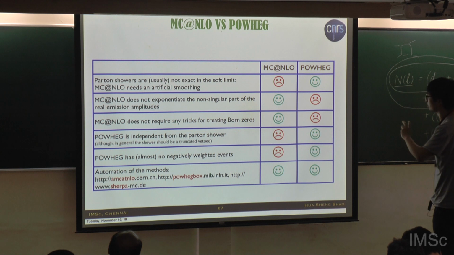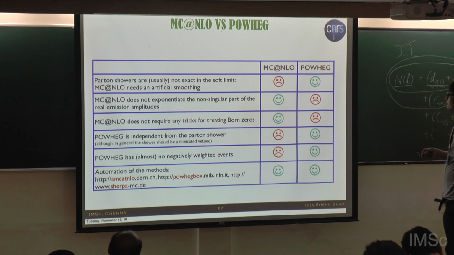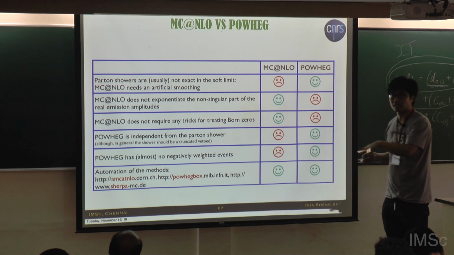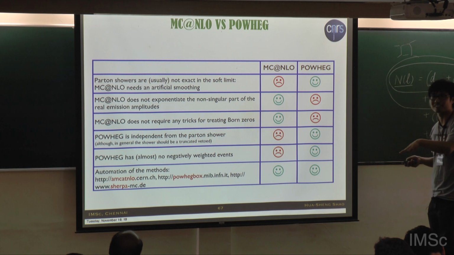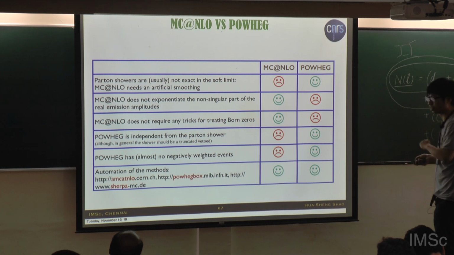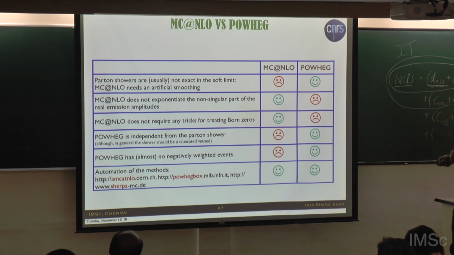So this is not proven, of course. And also you see that in POWHEG you have the real over Born in the exponential, so POWHEG needs to deal with Born zeros. It's a problem if sometimes you calculate Born and get some phase-space points where Born approaches 0. It would be troublesome to calculate real over Born in the Sudakov. MC@NLO does not have this problem.